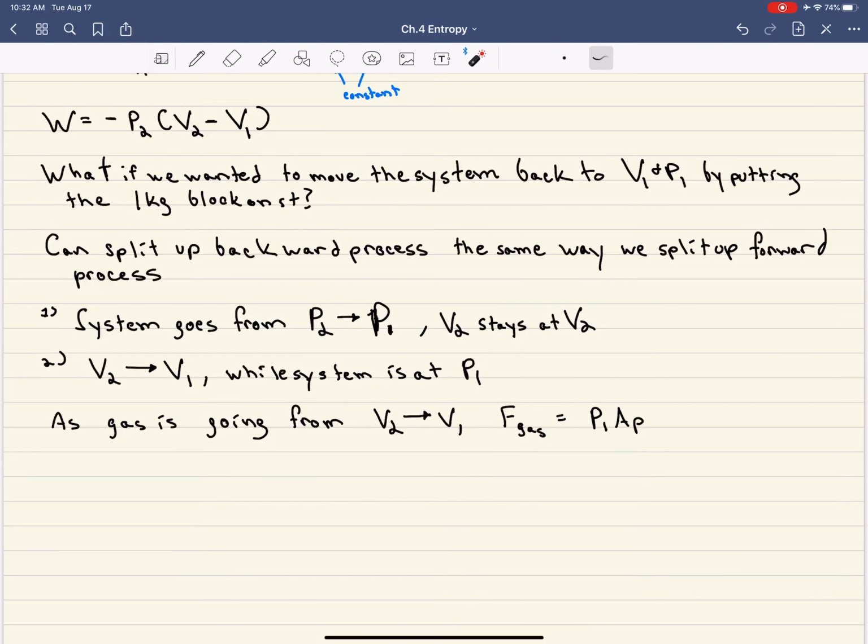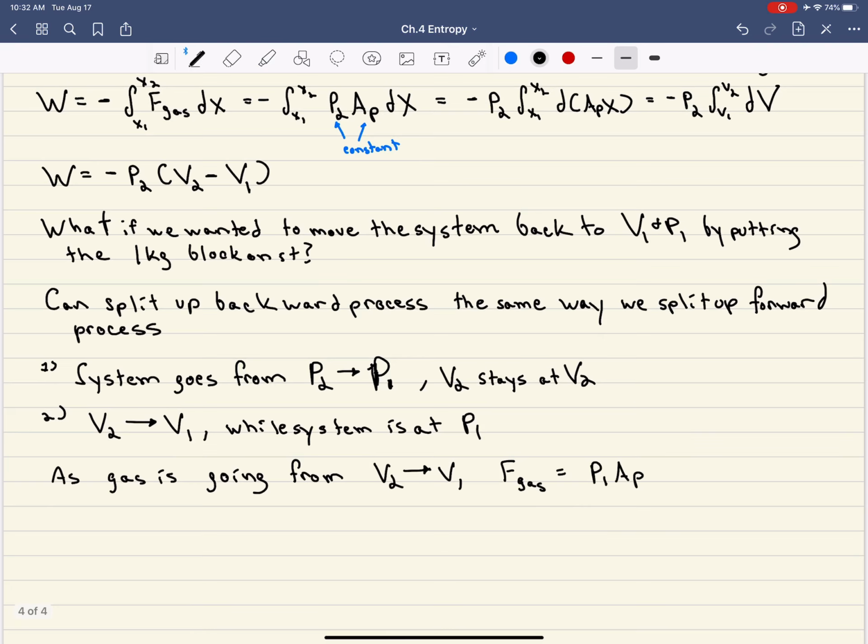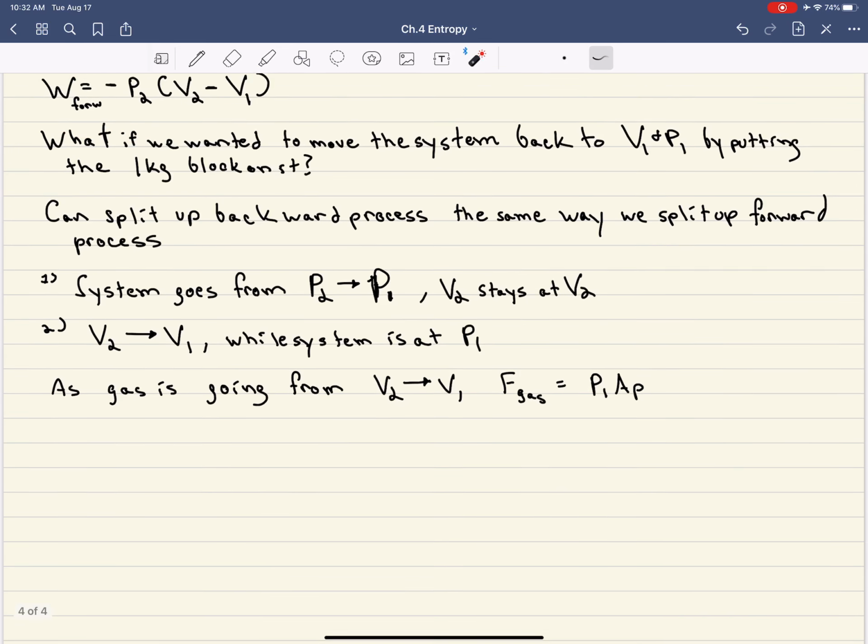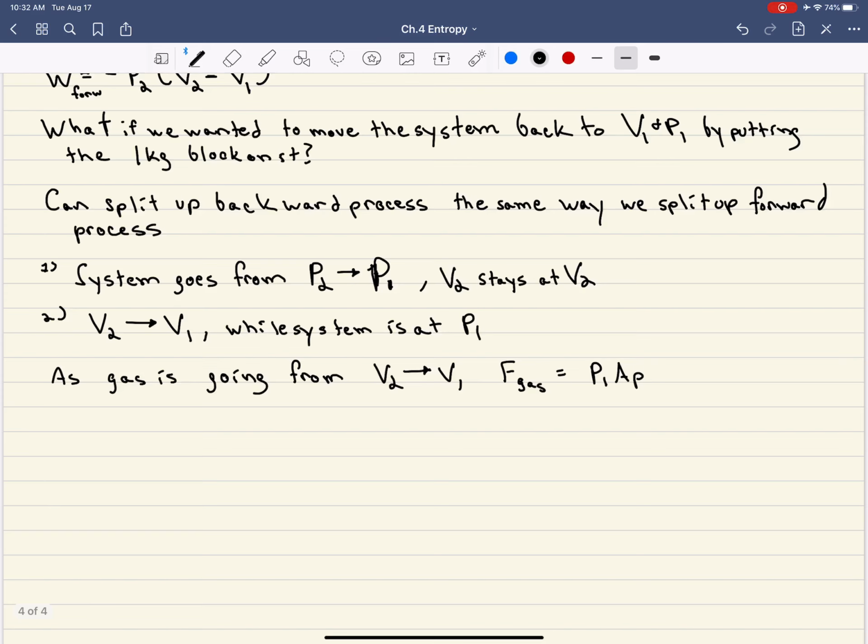Right? And so if the work we calculated previously was the forward work, so work forward was equal to this, we could also calculate the work required of the backwards case. Okay? Or I'll just call it back. So that work backwards is going to be the integral of F gas as we go from X2 to X1. We could plug in the new F gas.